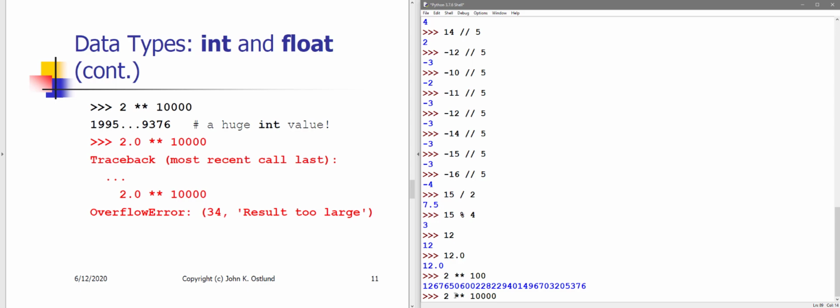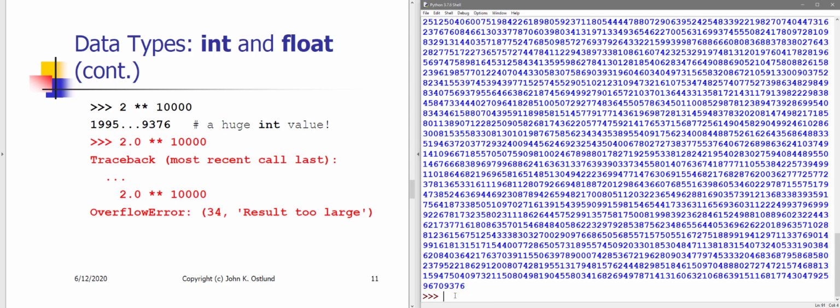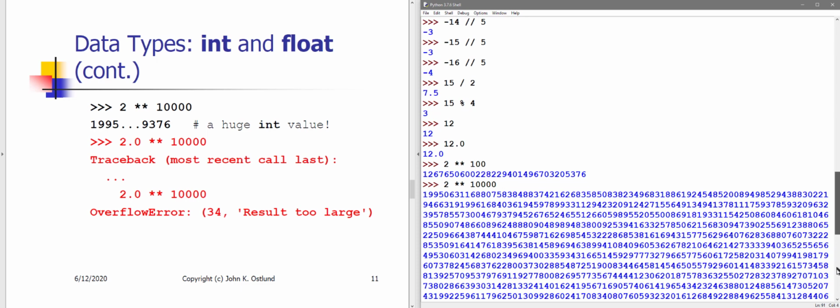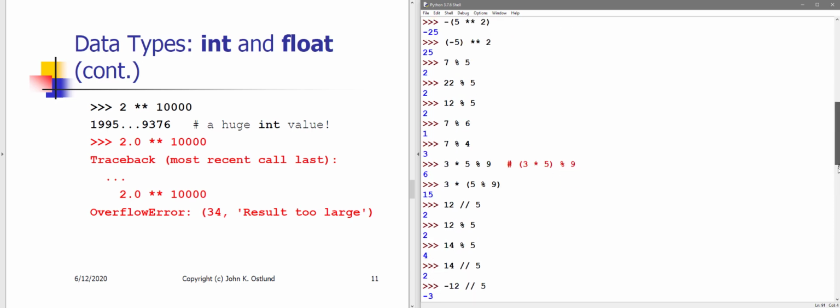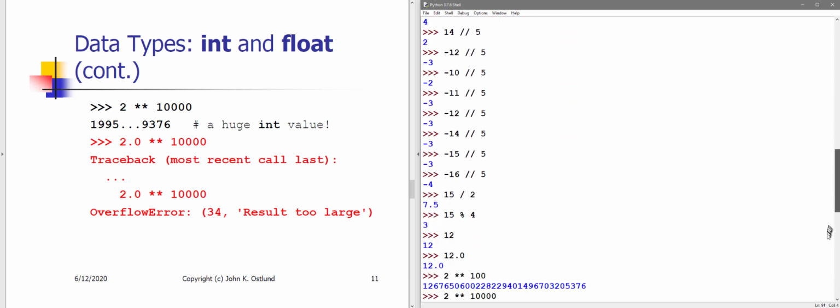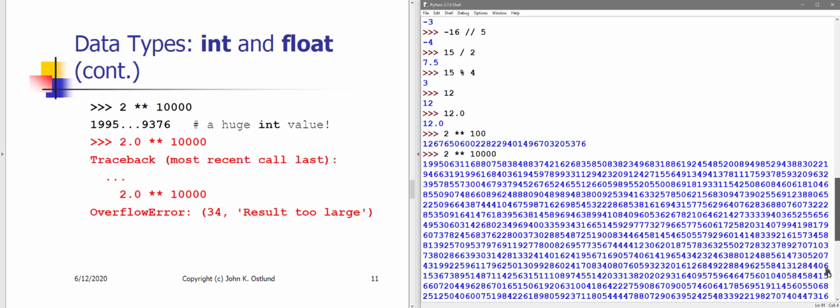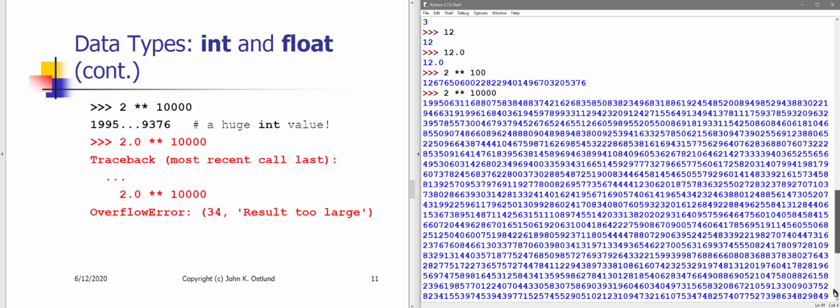Now that's a truly monstrous number. It goes flying off the top of my window, and if I scroll back, it's even hard to scroll. IDLE gets very upset when it has to deal with this amount of output representing a number.